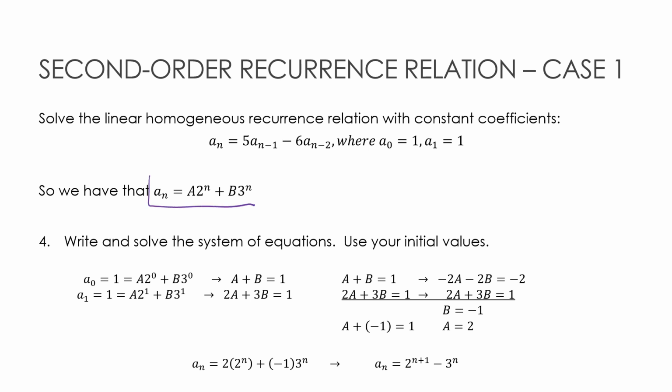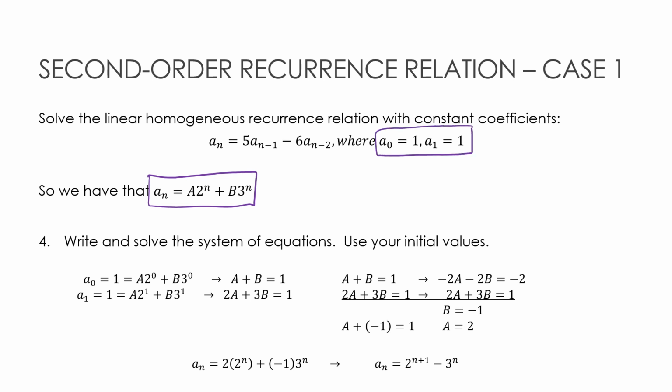So here's my equation, again, rewritten for you so we don't have to try to memorize things. Then all we're going to do is, and this part's super easy because this is way back to like Algebra 1, we're going to write and solve a system of equations using these initial values.